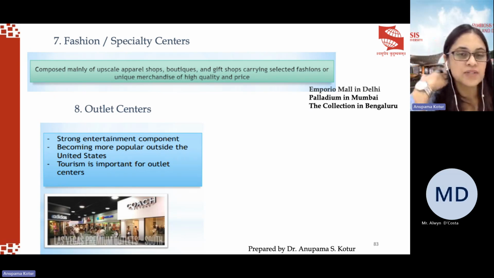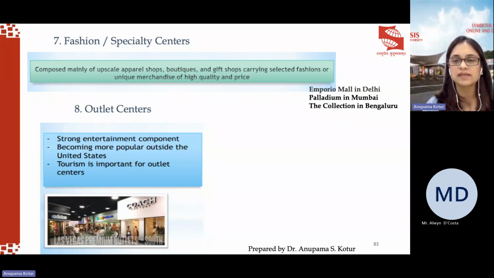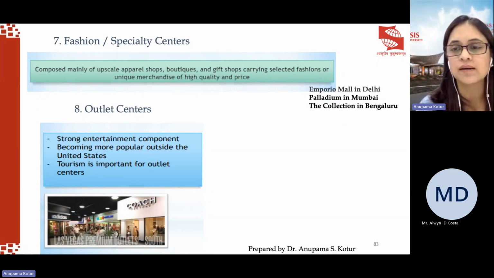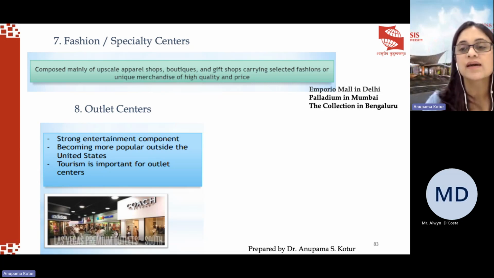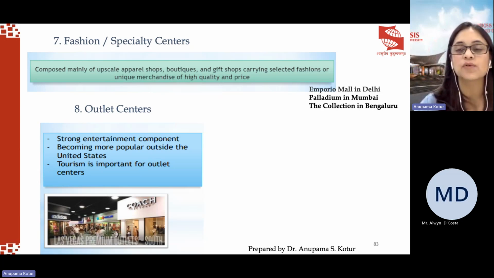And then you have fashion and specialty centers. One of the examples that I could give you again is your Palladium in Mumbai or Emporio in Delhi or the Collection in Bangalore. Again, these are very specific. When I say not just high end, but also very specific in terms of fashion retail, right? These are again some of the examples for you.